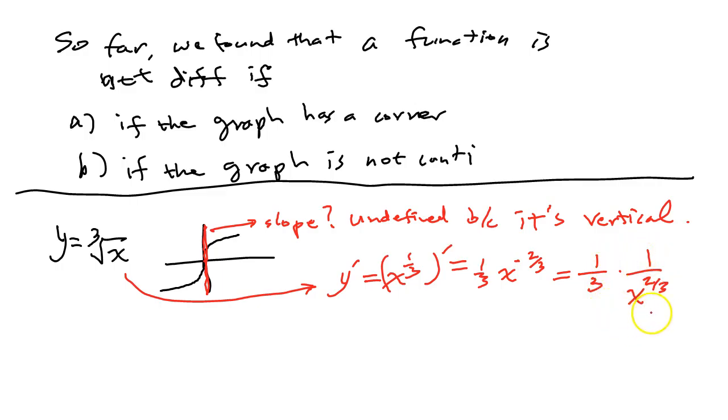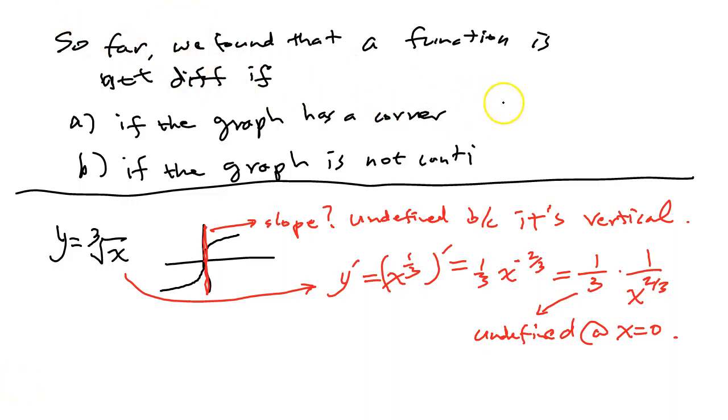All I want to say is that if you know how to differentiate, then look at this derivative. What is the value of this when x is 0? Well, you have a 0 in the denominator. So what do you get? This is undefined at x equal to 0. Therefore, if you have a vertical tangent line, then that's the third case where the function may not be differentiable.